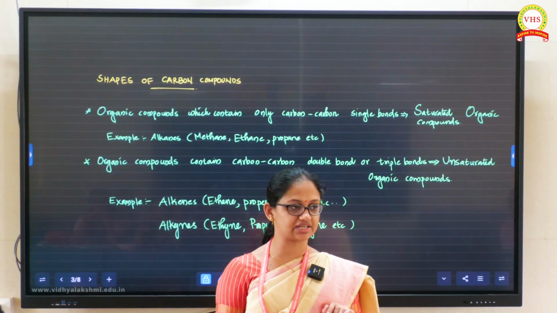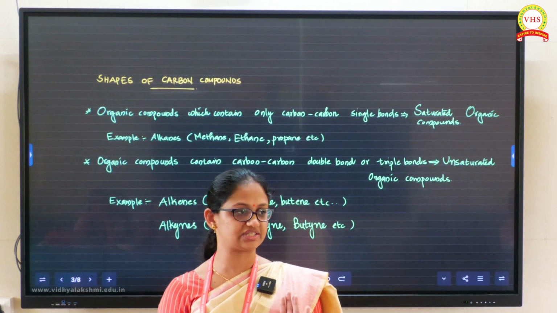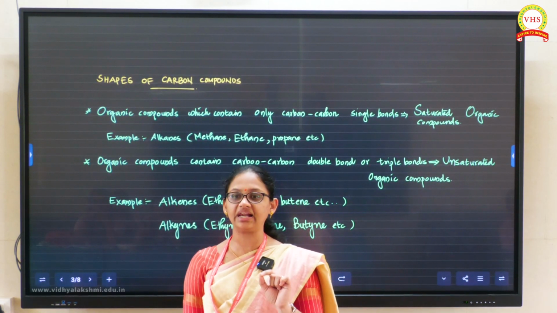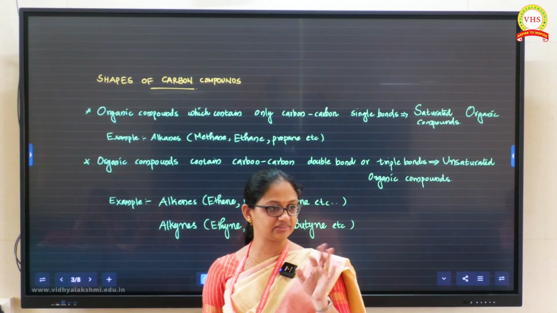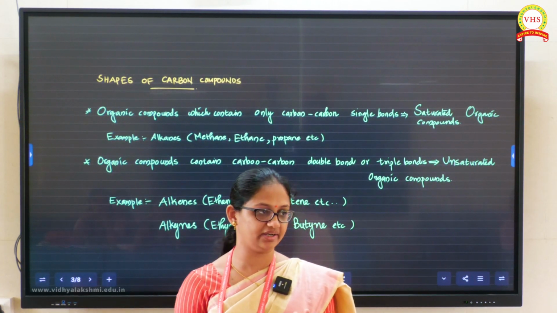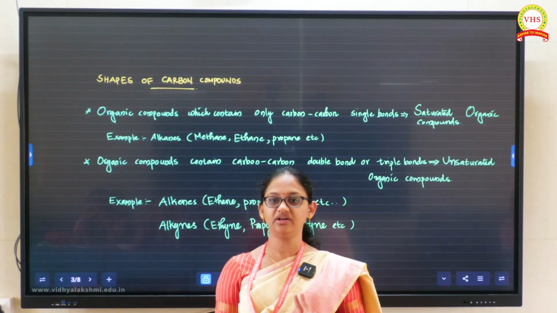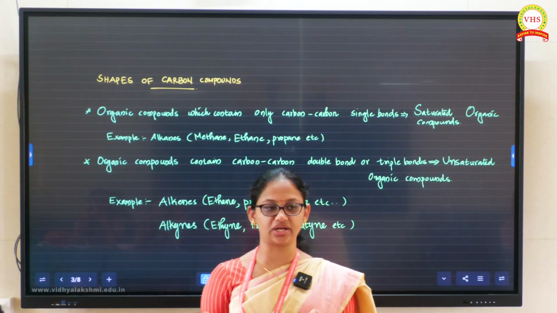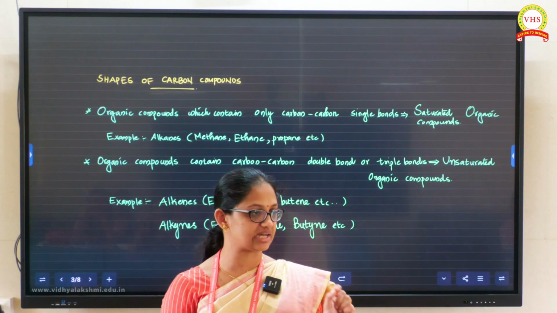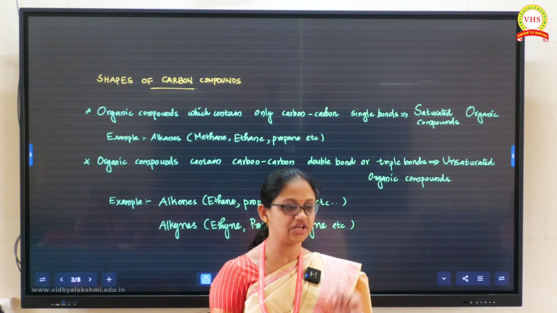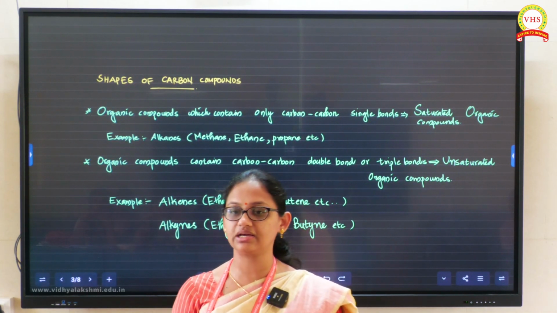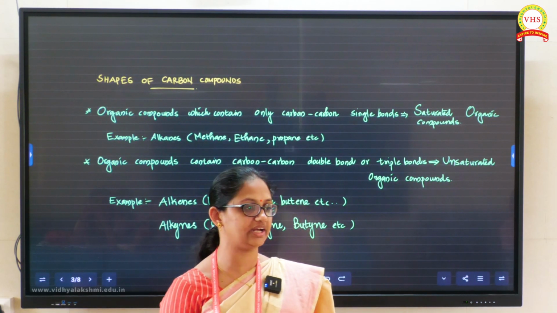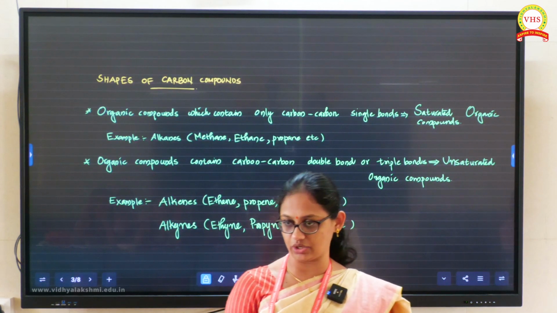Here we are discussing three organic compounds: alkanes, alkenes and alkynes. In your 10th standard, you already studied that organic compounds were divided into two: saturated organic compounds and unsaturated organic compounds. If carbon is making a single bond with another carbon atom, the compound is called a saturated organic compound.